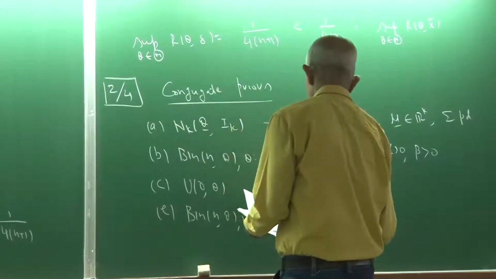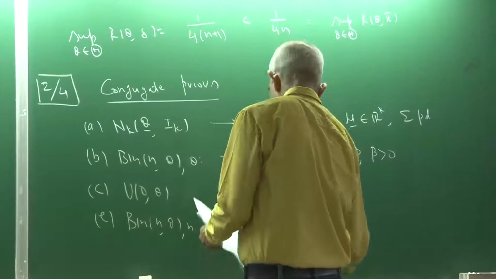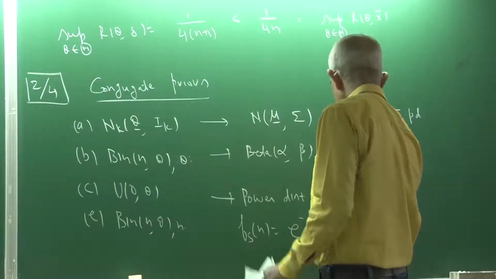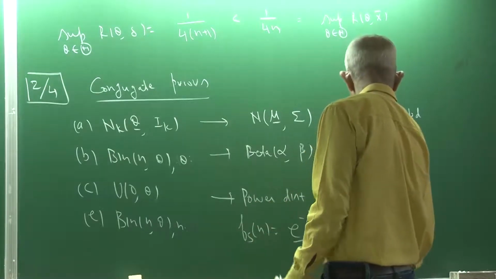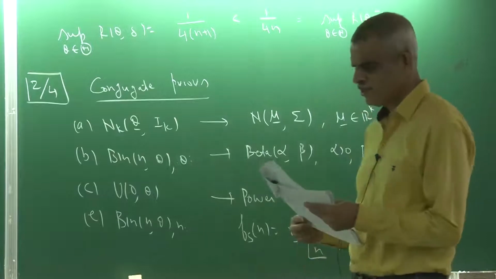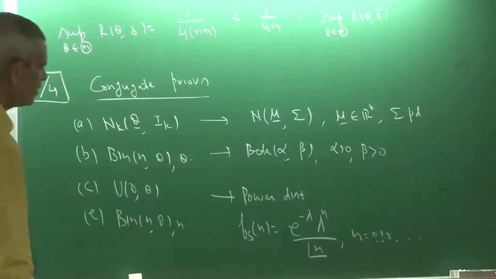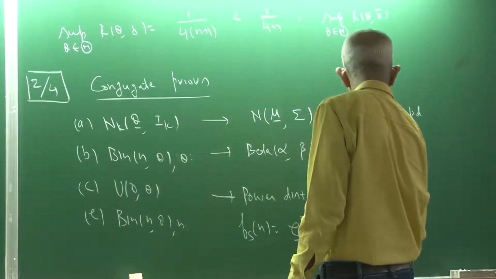So f(n) is e to power minus lambda, lambda to power n by factorial n. You can truncate it if you want, because n here is a positive integer, so you can truncate it so that n is equal to 1, 2, and so on.